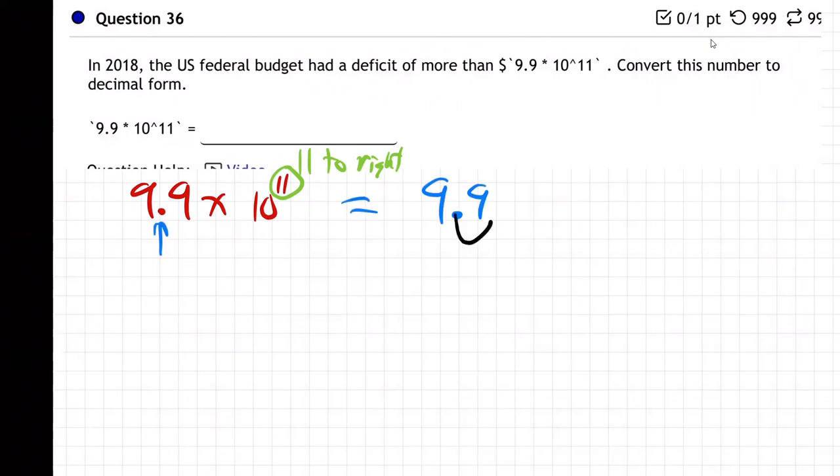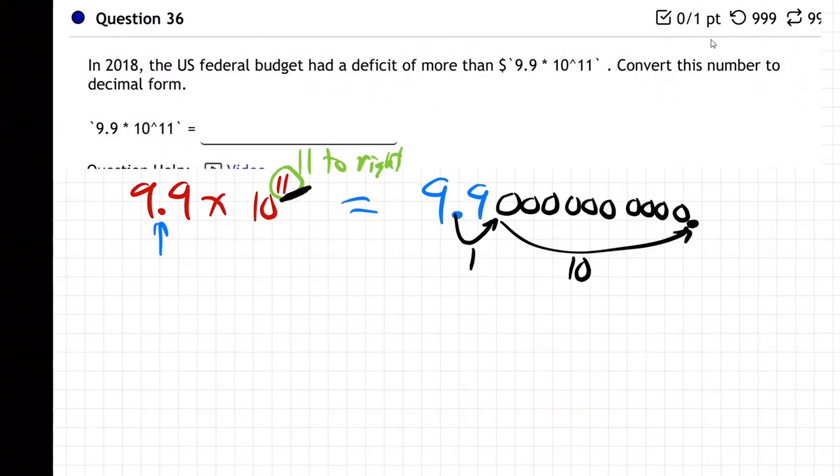So 1, and it's to the edge. And then all the rest of the jumps are beyond the edge. So that's going to be 10 other jumps. 3, 4, 5, 6, 7, 8, 9, 10. It's got to be 10, and this is going to end up right there, isn't it? Because it does 1 jump and 10 jumps. That's 11 jumps to the right.